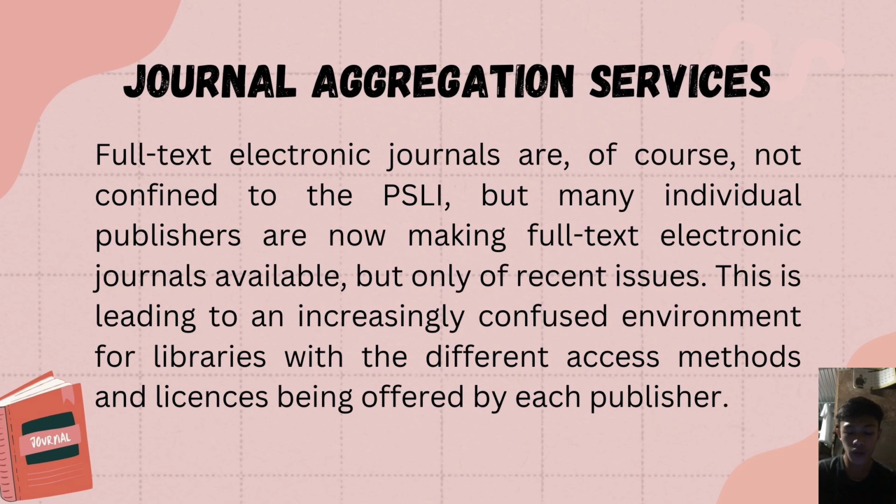Some popular journal aggregation services include JSTOR, PubMed, ScienceDirect, and EBSCO. These services are valuable tools for staying current with the latest research developments and accessing a broad array of scholarly content.